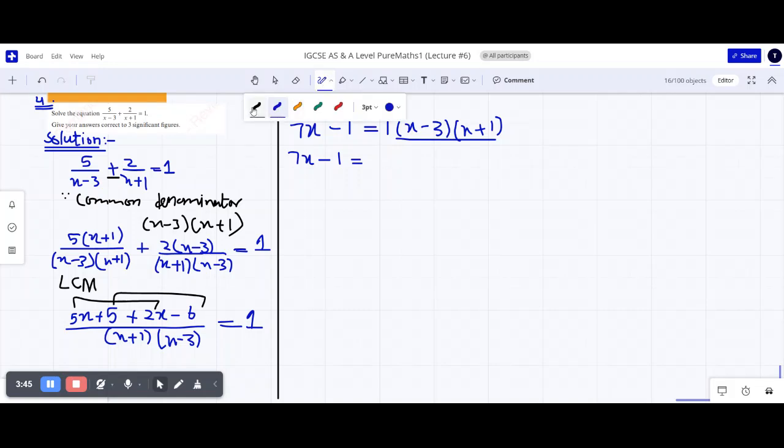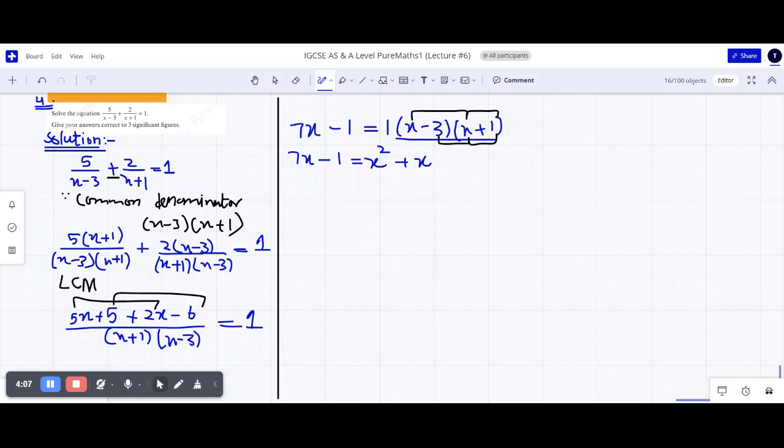For the expansion, we multiply the first value with the first, then the first value with the second, the second value with the first, and the second value with the second. x times x is x squared, plus x times 1 is 1x. We don't need to mention 1 if the coefficient is 1.